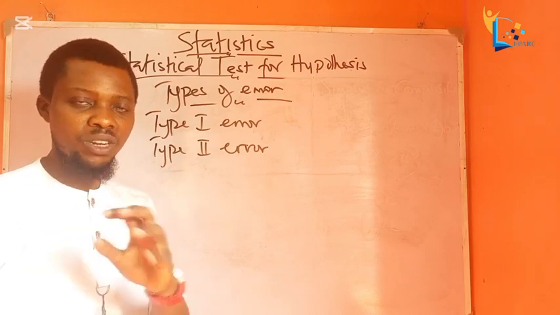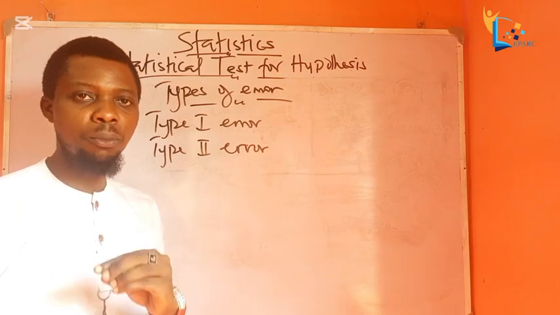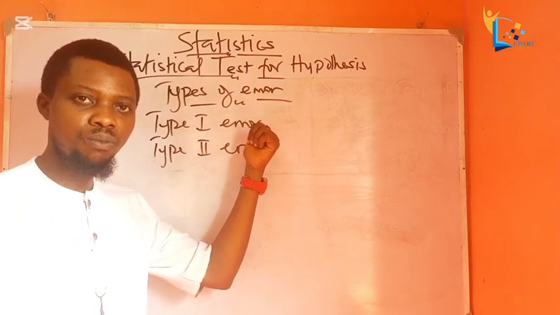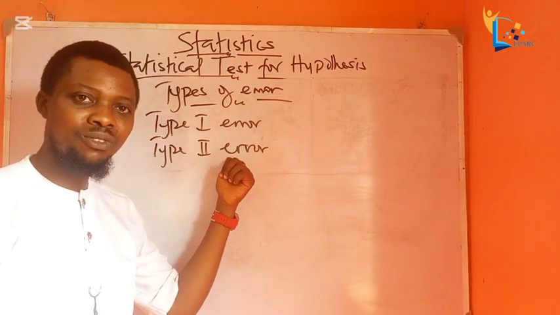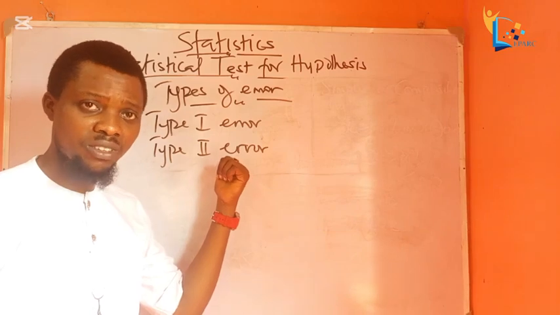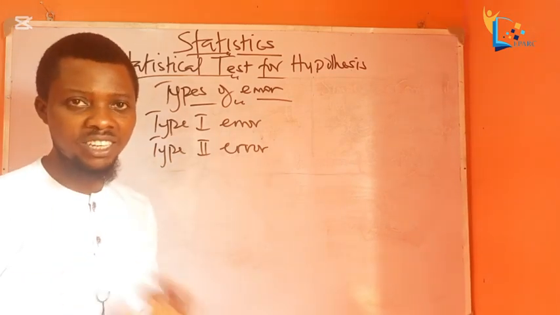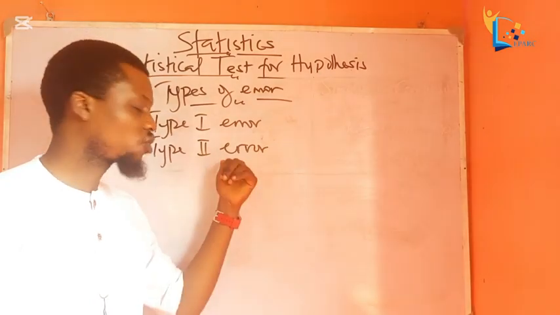When a statistician rejects the null hypothesis when it's actually true, he has committed a type 1 error. While when he accepts the null hypothesis when it is false, which should actually have been rejected, he has committed a type 2 error.